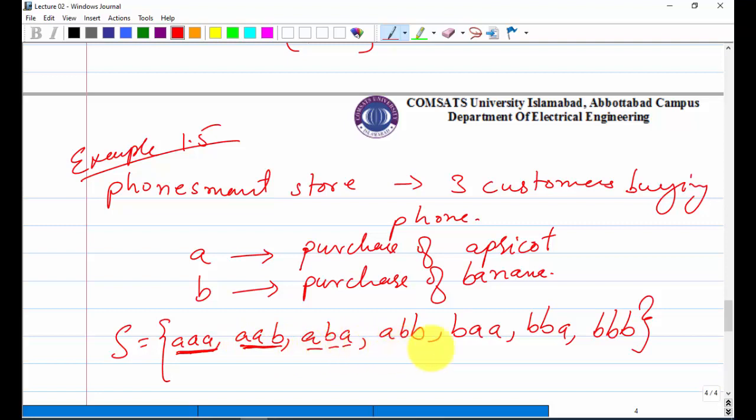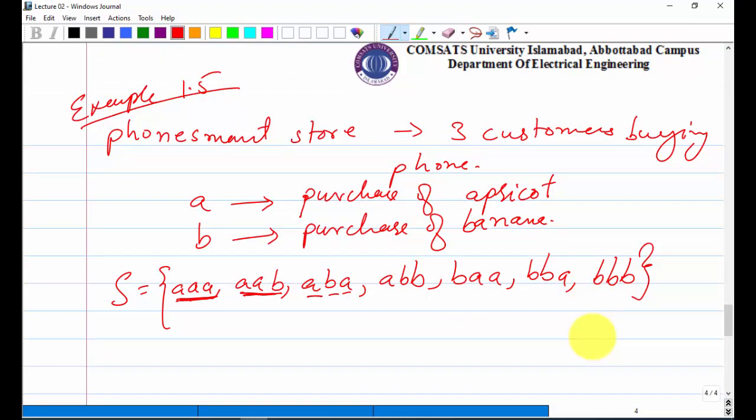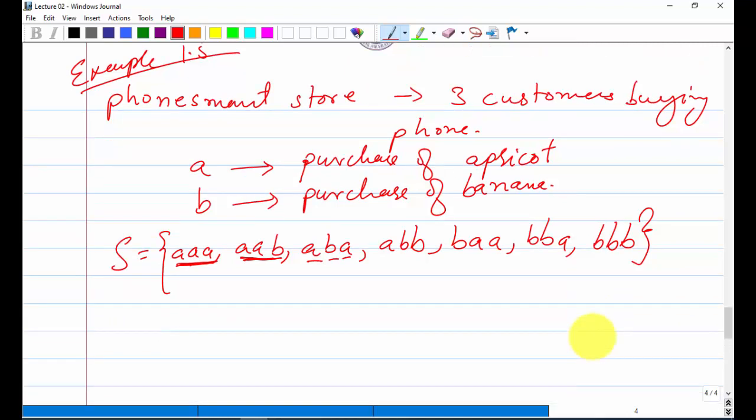All of these sequences are the possible outcomes of this experiment, where we look at 3 customers in a sequence who are buying a phone.